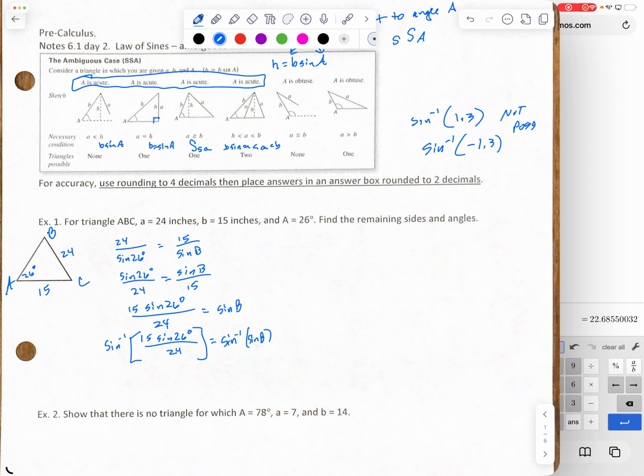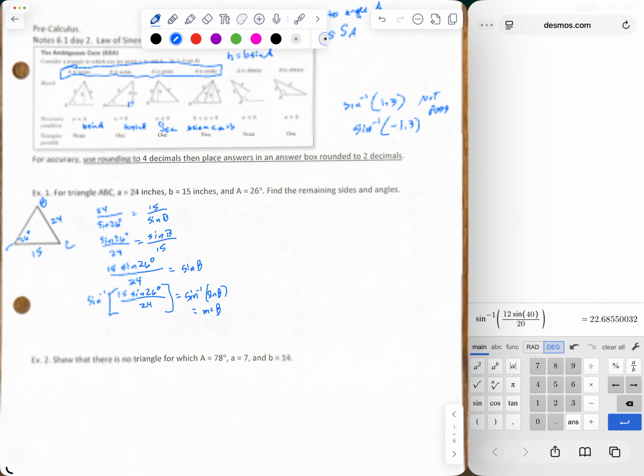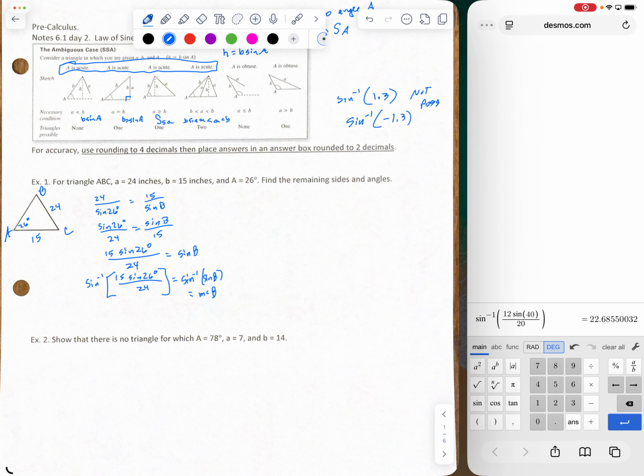And keep on putting the degree symbols on what's degrees. And so c is approximately 24 times the sine of that angle, all over the sine of 26 degrees.